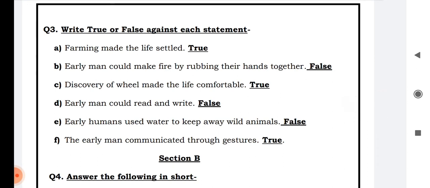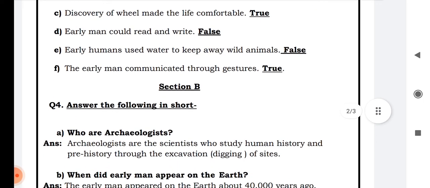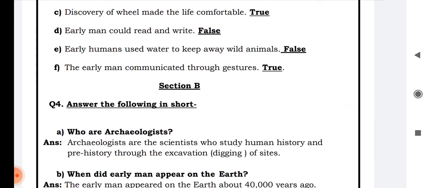Question 3. Write true or false against each statement. A. Farming made life settled. True. B. Early man could make fire by rubbing their hands together. False. So children, you have to read the sentence carefully while giving the answers of true and false. C. Discovery of wheel made life comfortable.